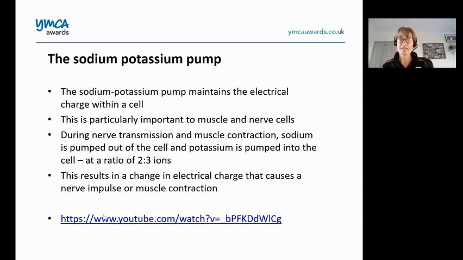So during that time of nerve transmission and or muscle contraction, the sodium ions are being pumped out of the cell and potassium is being pumped into the cell, but they're not in equal ratios. It's at a ratio of 2 to 3. And it's because there's this difference in ratio that you get a change in the electrical charge that results in either nervous impulse or a muscle contraction.